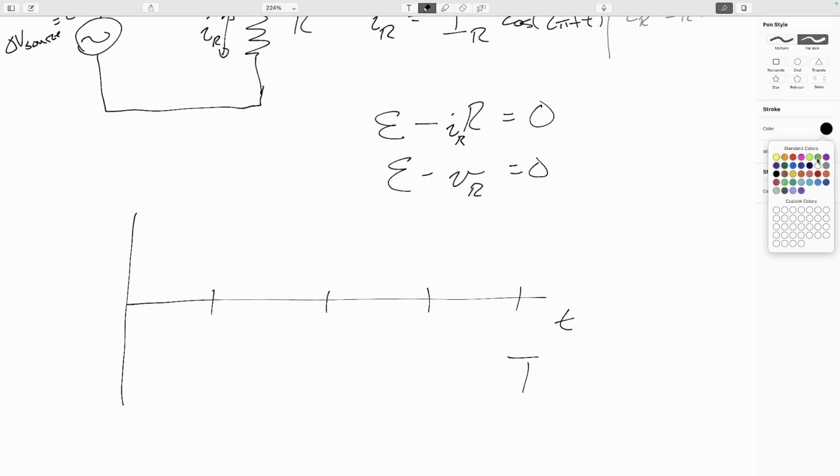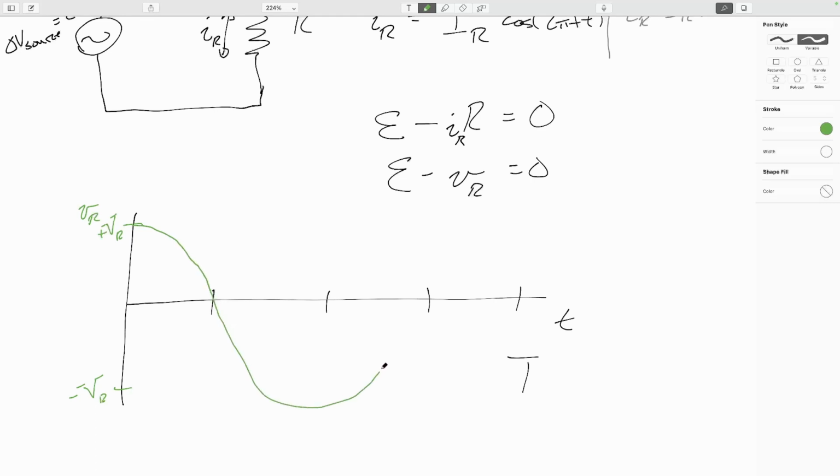I'll plot the voltage across the resistor in green. This will run between some positive maximum value and some negative maximum value, V_R.